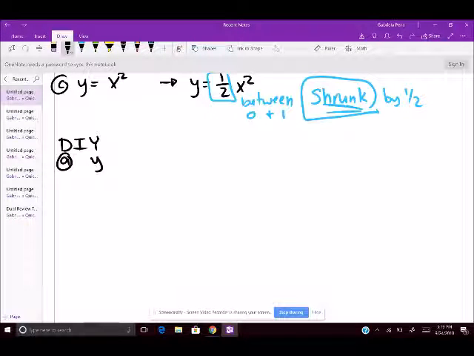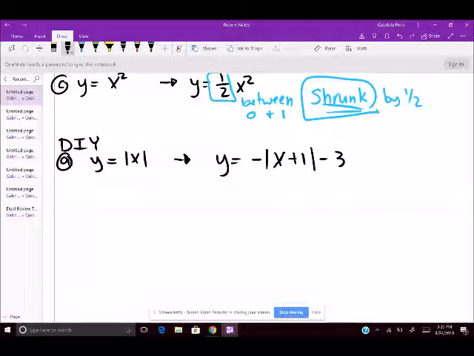We're going to go from y equals absolute value of x to y equals negative absolute value of x plus 1 minus 3. I always like to start from left to right. So let's look at this. So the first thing I see is a negative. Then I see a plus 1, and then I see a minus 3.